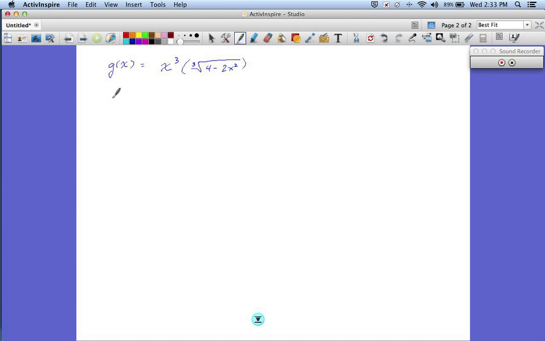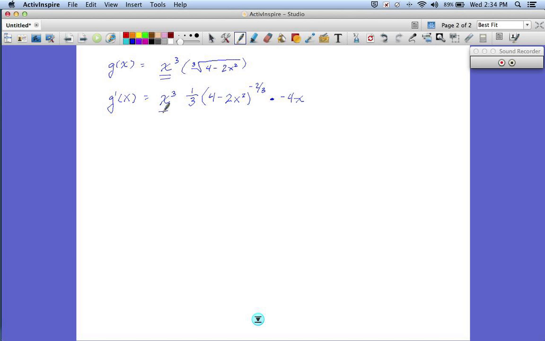All right, and we will take the derivative of that. This is a product rule problem, so we have f and we have g. And g, when we take the derivative, will require the chain rule. So let's go. Here's f. g prime will be 1/3 times 4 minus 2x squared to the negative 2/3 times, chain rule says, times negative 4x.